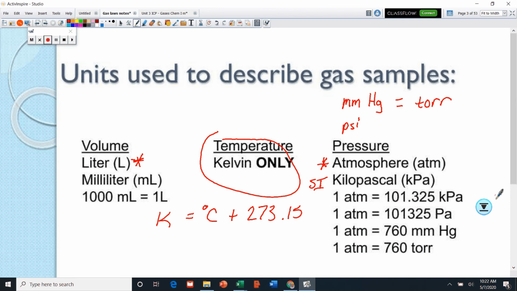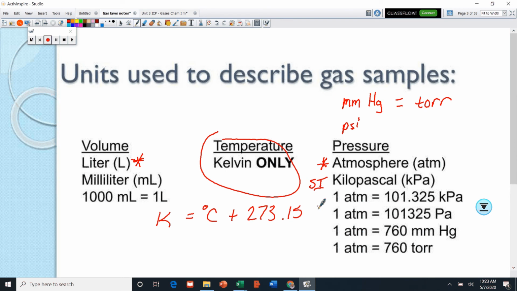If you watch the news, when they're referring to weather and pressure, sometimes they'll use bars and millibars. We're not going to really get into those, but there is a conversion factor between them. It's just not as common of a unit.